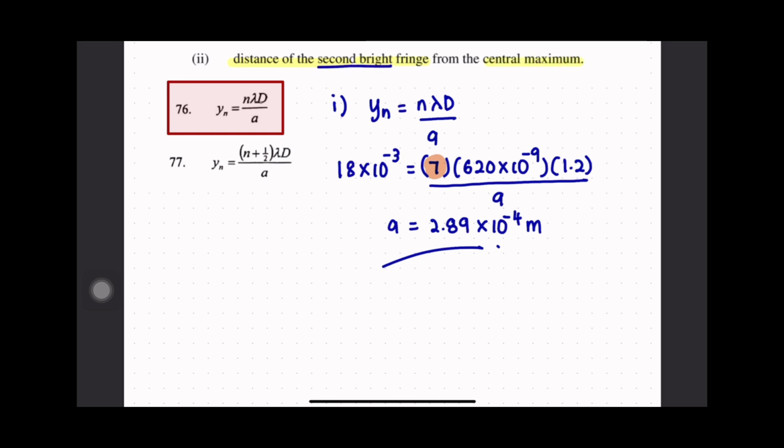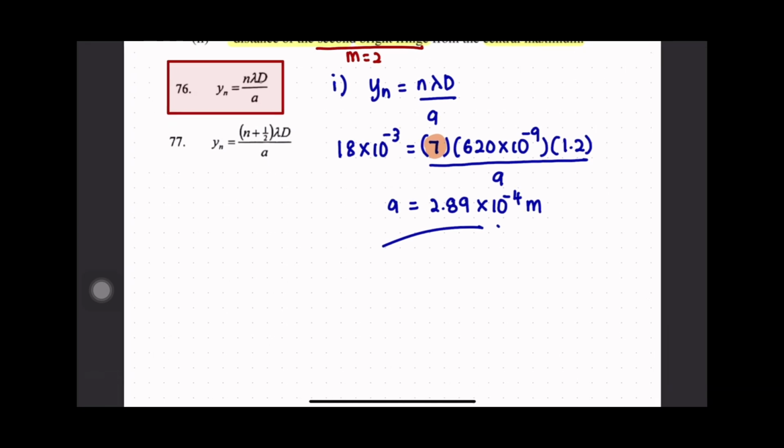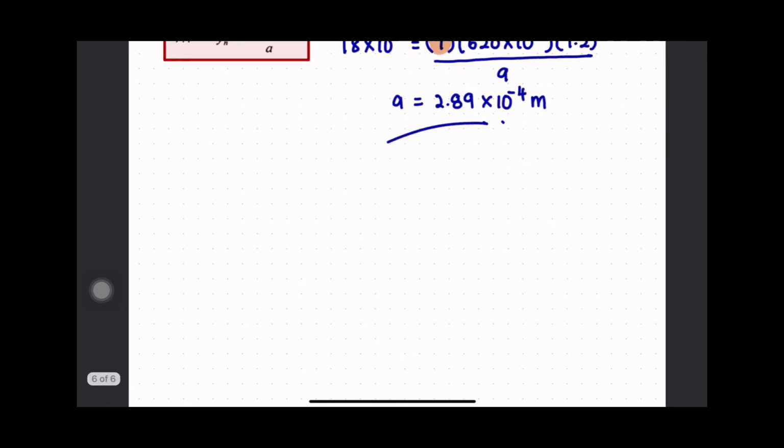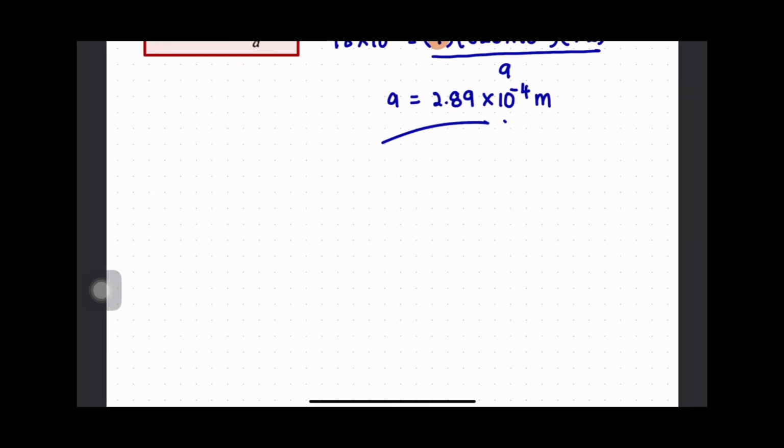Okay, next. The distance of the second bright fringe from the center maximum. Second bright fringes maksudnya order kita adalah 2, ambil je terus. Tapi bright fringes, so kita akan guna formula bright pula. Dan you kena pastikan formula-formula ni untuk apa. Nanti kita akan buat revision sikit. Number 2: y_n is equal to n plus half lambda D over a.